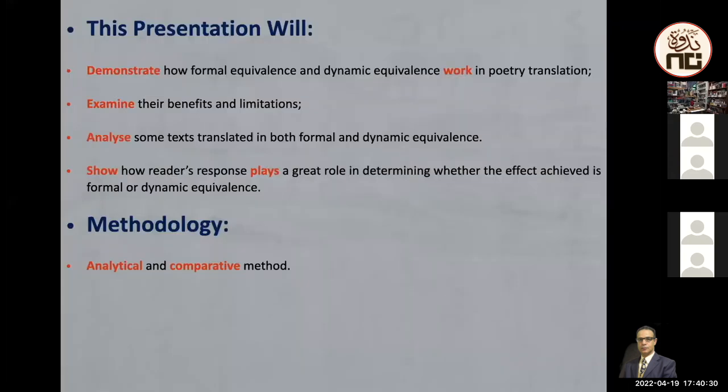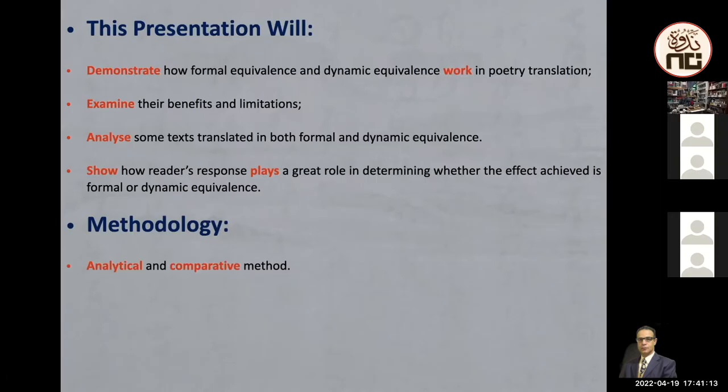Okay. So we'll try it in this PPT to demonstrate how formal and dynamic equivalence work in translation, to examine their benefits and limitations, and to analyze a Chinese poem translated in English, several versions of this poem, and also to show the reader's response and how to analyze it.